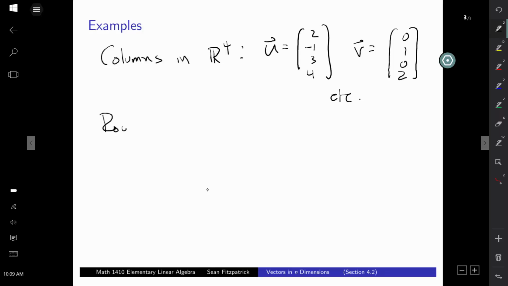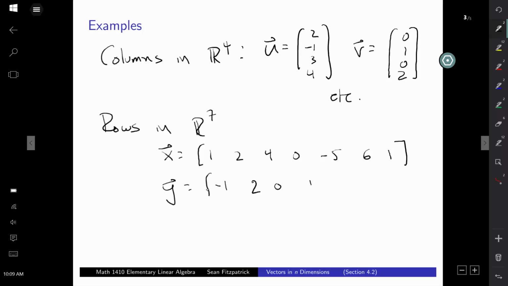We could do rows in, let's get really crazy, let's do R7, right? We could do x equals 1, 2, 4, 0, minus 5, 6, 1. There's 7 numbers, right? y equals minus 1, 2, 0, 1, 3, 4, 2.